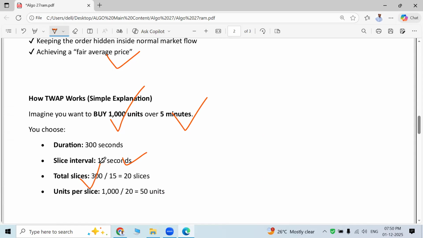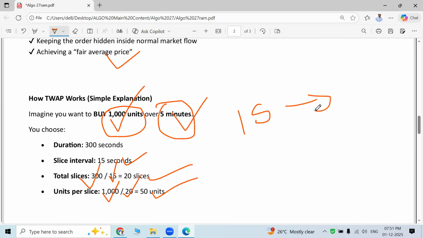So 300 seconds for the 5 minutes, divided by each slice of 15 seconds, gives a total of 20 slices, and 1000 is the number of units we want to execute. So 1000 divided by 20 is 50 units every 15 seconds. So in every 15 seconds, we are going to buy 50 units.